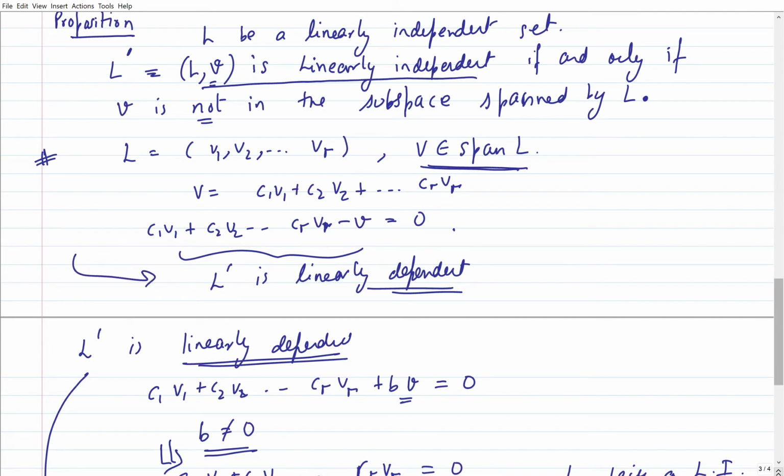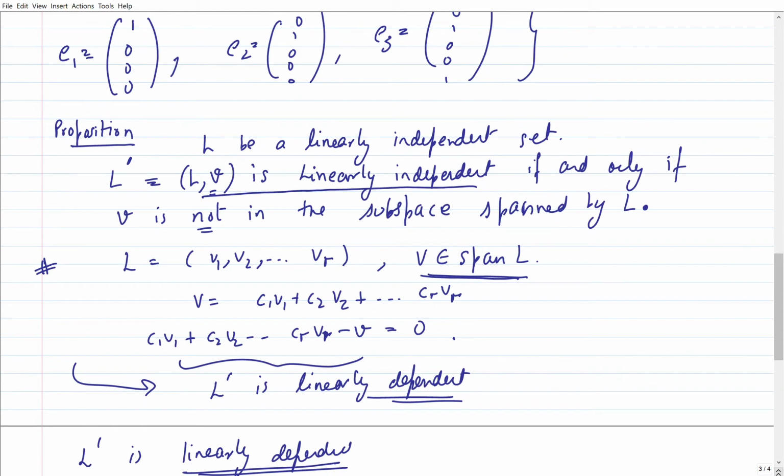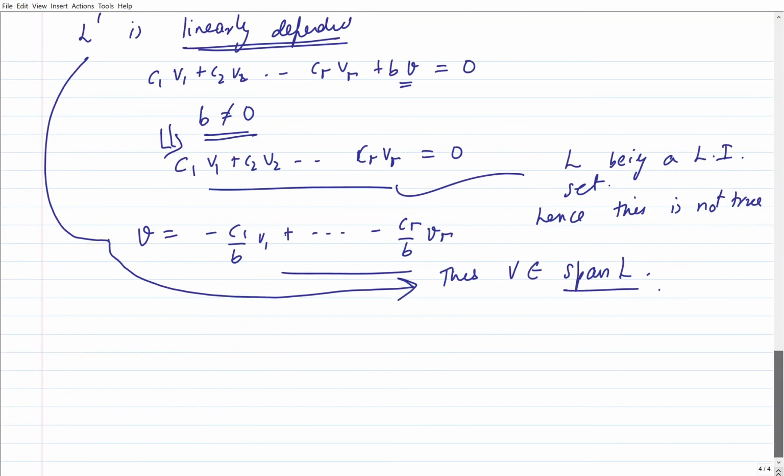So my proposition is that I can only extend the linearly independent set as long as the vector V I find is not in the subspace spanned by L. So that's the bottom line. It's really easy to show these things yourself also. I urge you to read these proofs from the book as well.